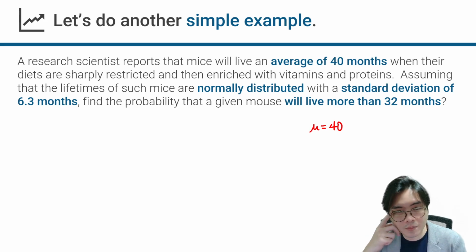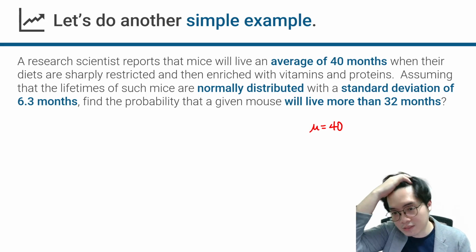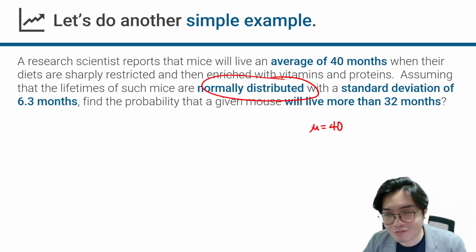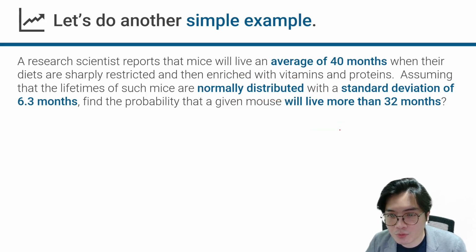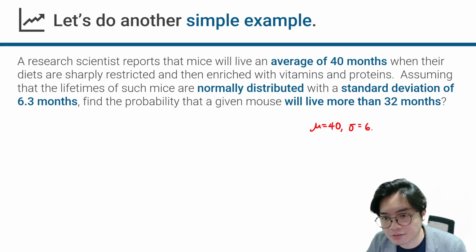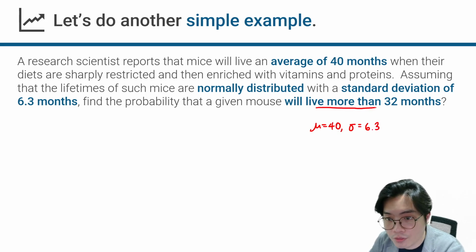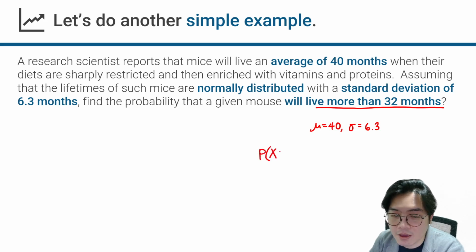Assuming that the lifetimes of such mice are normally distributed, and most usually it really is normally distributed, with a standard deviation of 6.3 months. Find the probability that a given mouse will live more than 32 months, or in this case, P of X is bigger than 32.